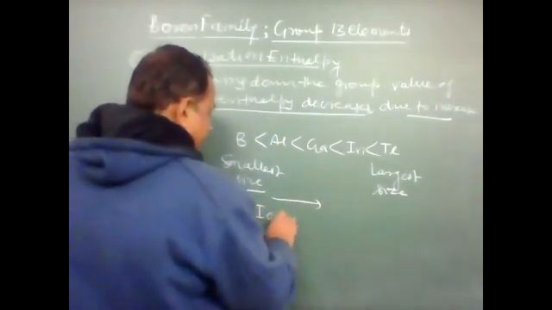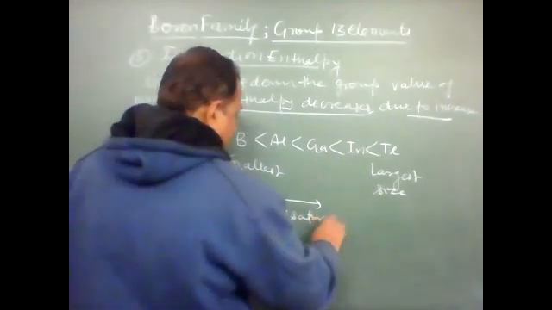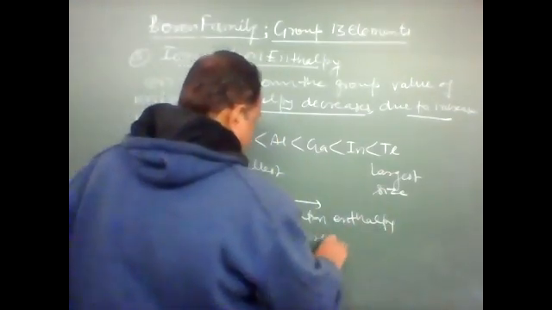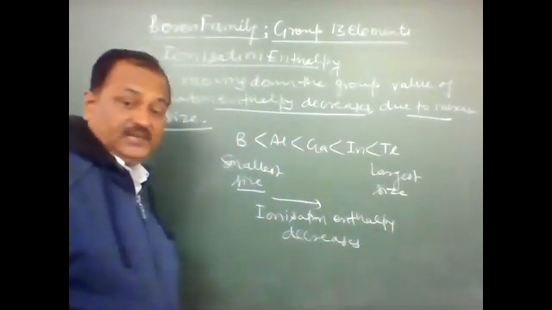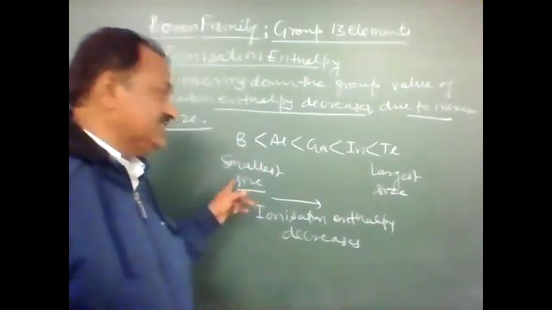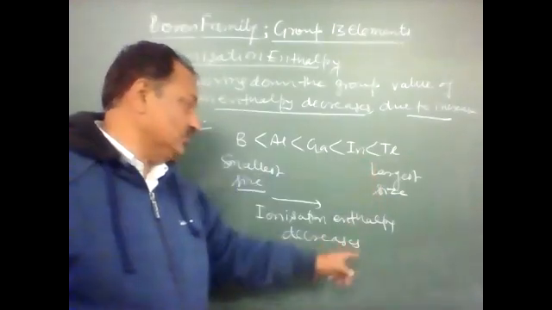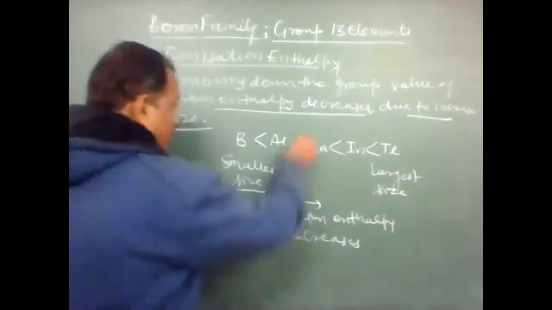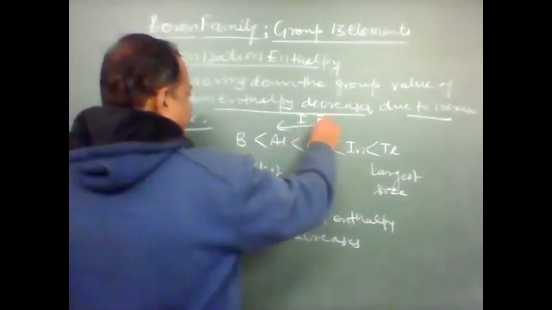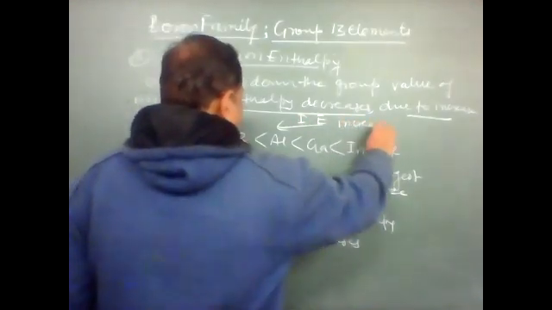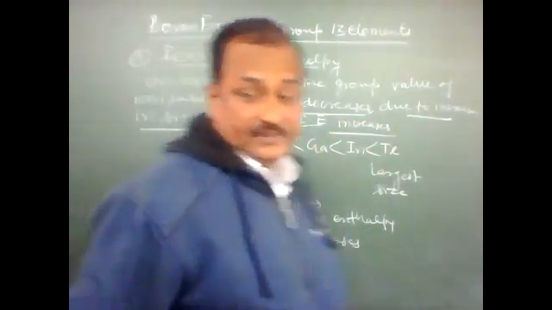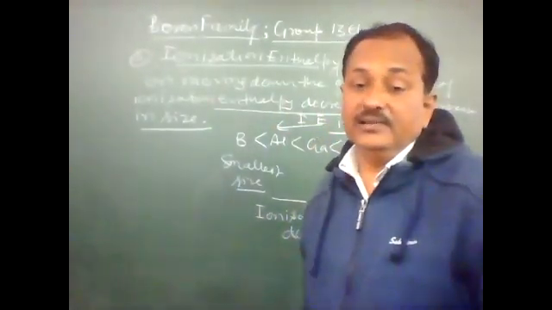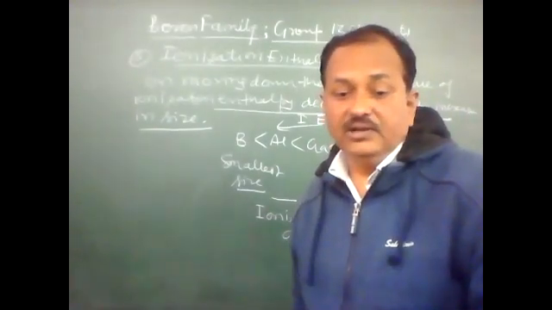It decreases. From boron to thallium, due to the size. Here with larger size, a minimum amount of energy is required in case of thallium. And on moving the other way, ionization enthalpy increases. So children, this is the trend in ionization enthalpy, and this remains in all the elements, in all the groups.